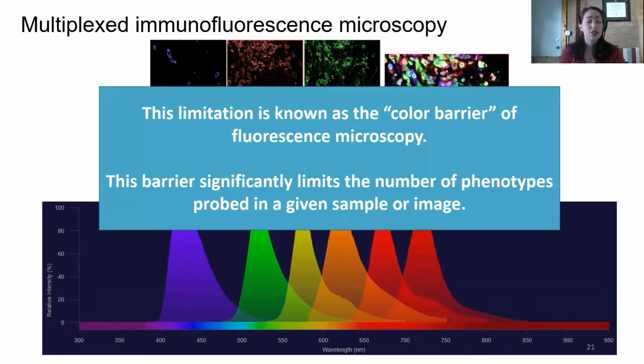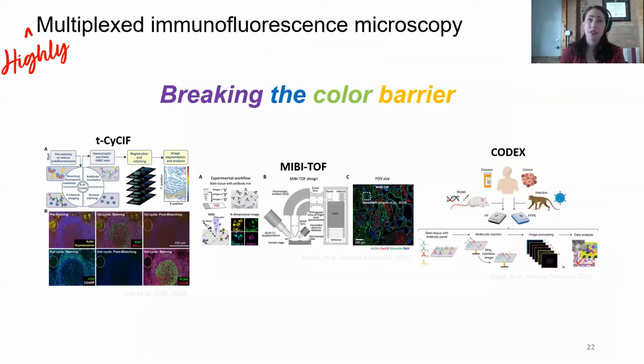This limitation is known as the color barrier of fluorescence microscopy, and this barrier significantly limits the number of phenotypes probed in a given sample or image. A few methods have come out in the past 5 to 10 years that break the color barrier, and these are referred to as highly multiplexed immunofluorescence microscopy methods.